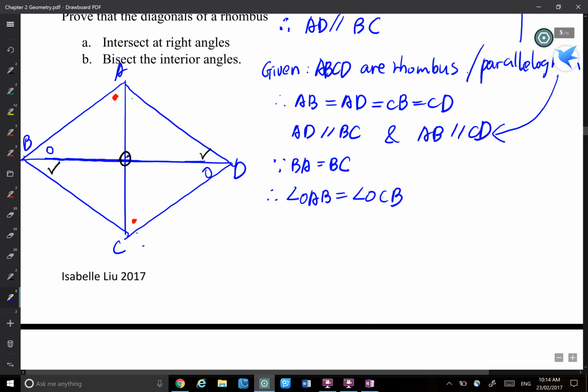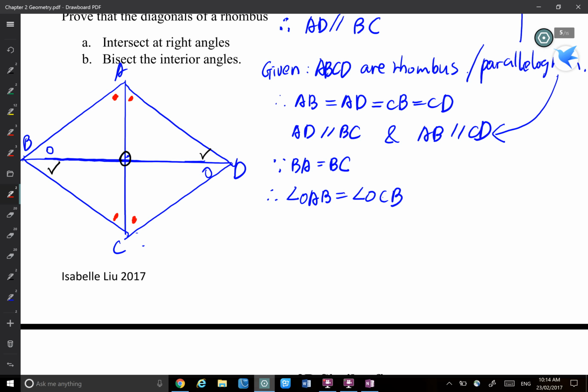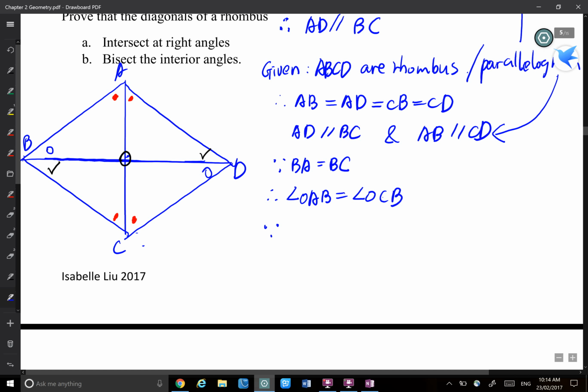And what I can do is mark all of these with the red dot, because the red and the green one are equal. So all of that will become the red one. You can go for another side because AB equals AD.